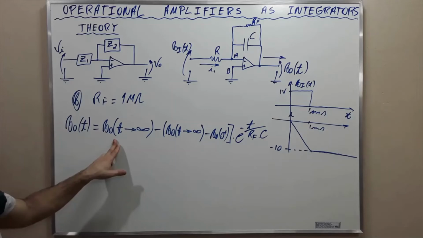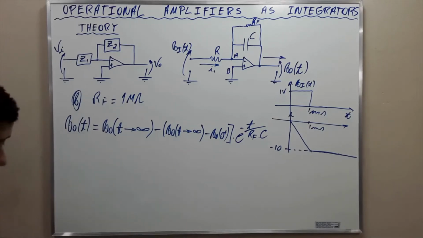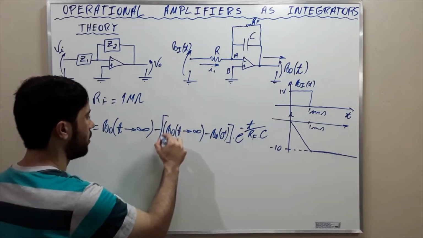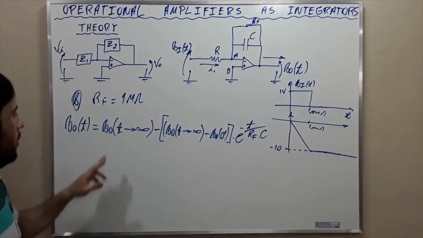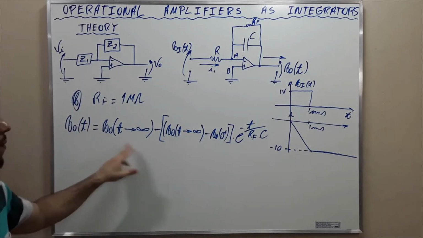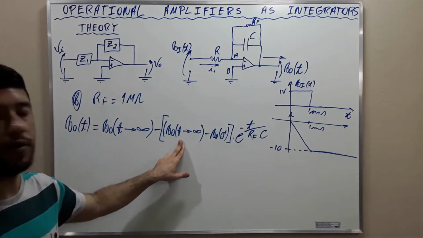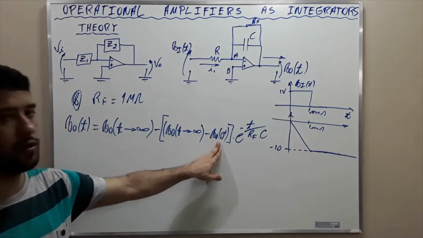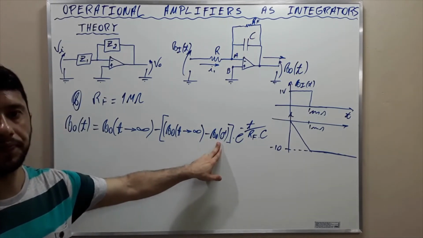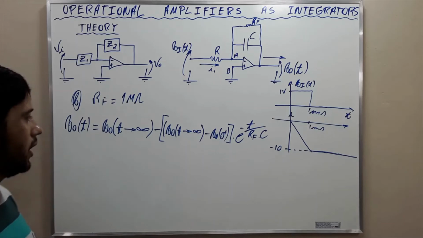This is V0 going to infinity. There is a bracket here. This is V0 going to infinity. This is V0 going to infinity. And this is V0 of 0 plus.